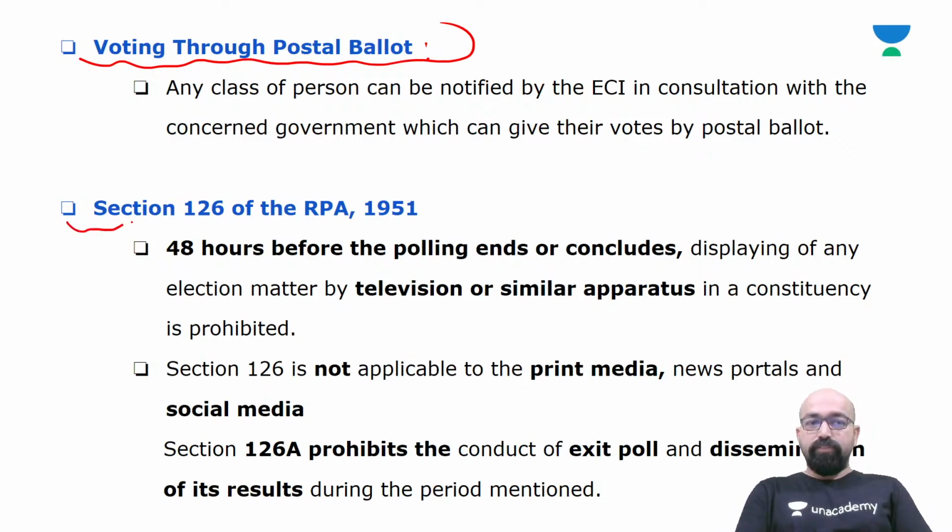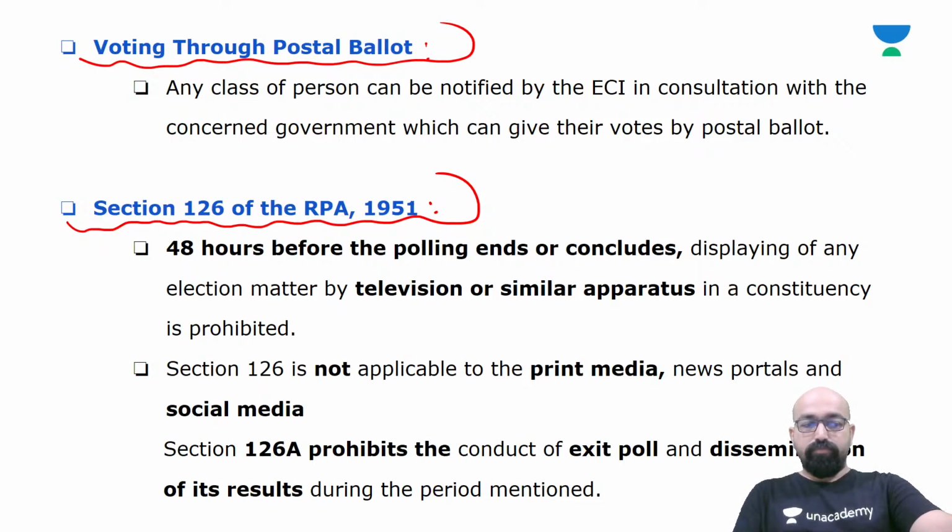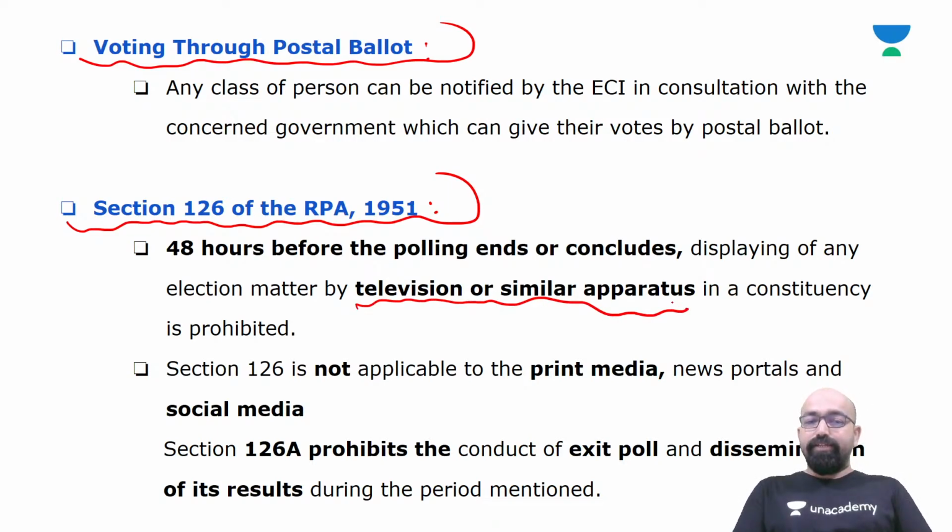Then, Section 126 of the RPA 1951, which describes that during the 48 hours before the polling ends, displaying any election matter by television or similar apparatus in a constituency is prohibited.